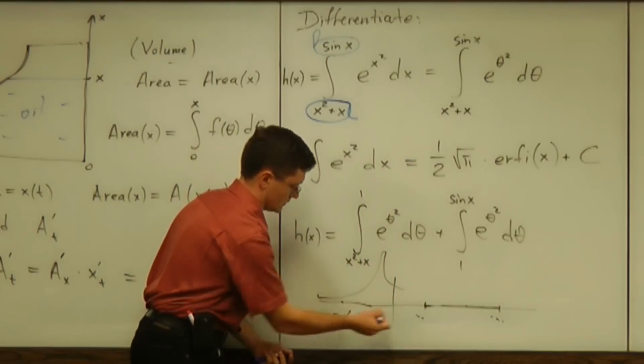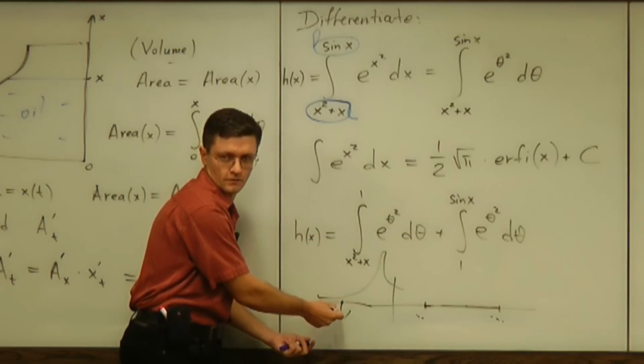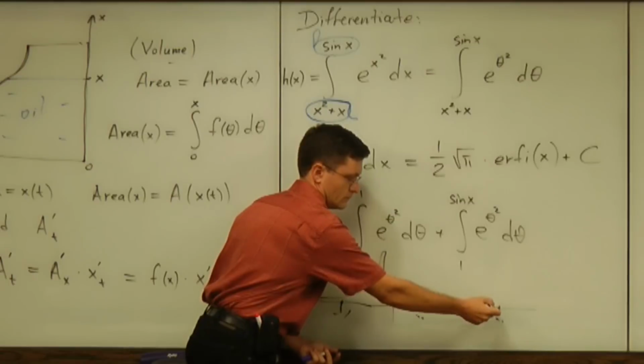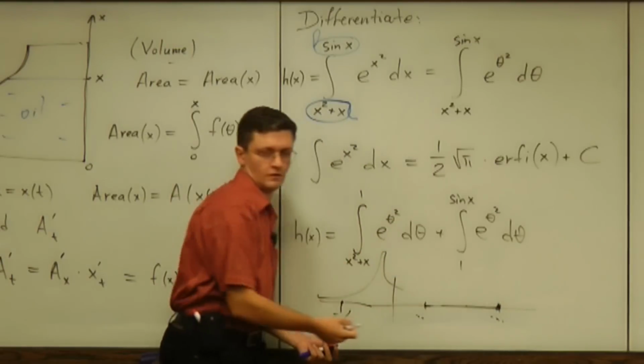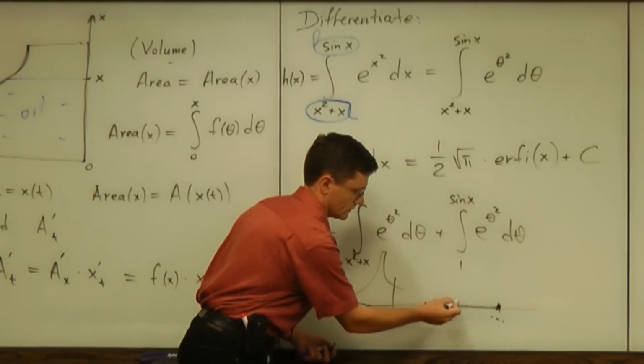And the integral from here back there doesn't exist. Your integral from there back to the upper limit doesn't exist. But the original integral exists.